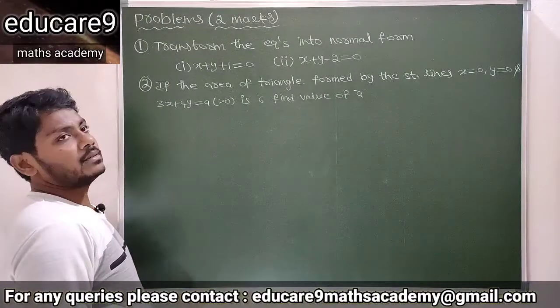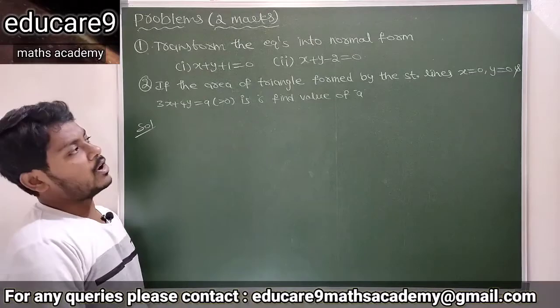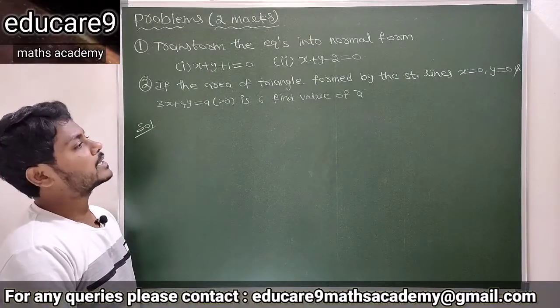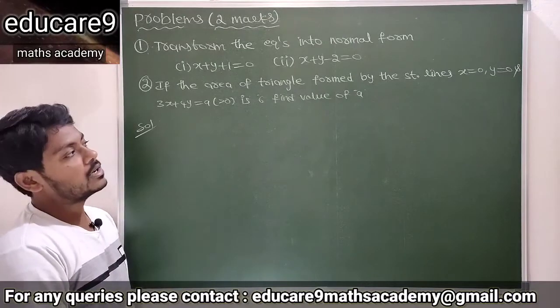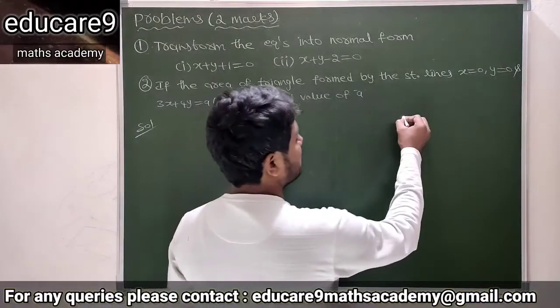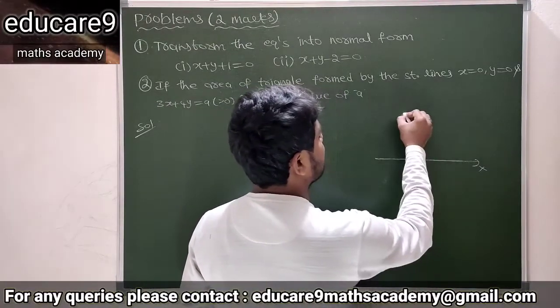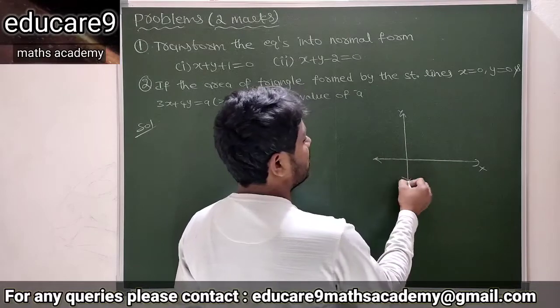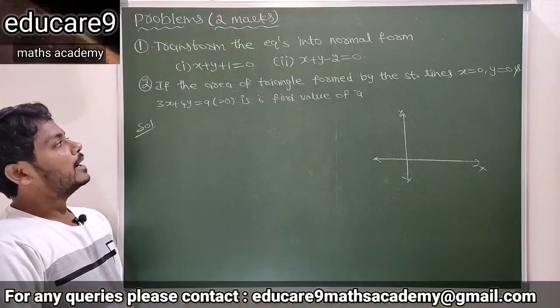See the next one. If the area of the triangle formed by the straight lines x equals 0, y equals 0 and the line 3x plus 4y equals a is 6, find the value of a. See here, consider the coordinate axes. This is the x axis, this is the y axis. So clearly this is the y equal to 0 line and this is the x equal to 0 line.